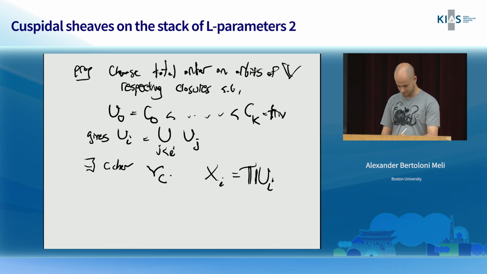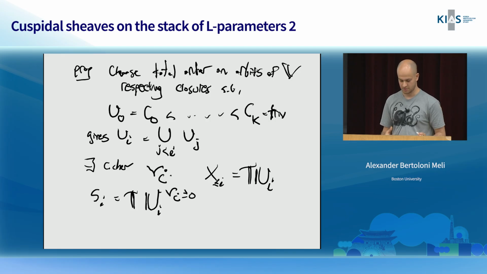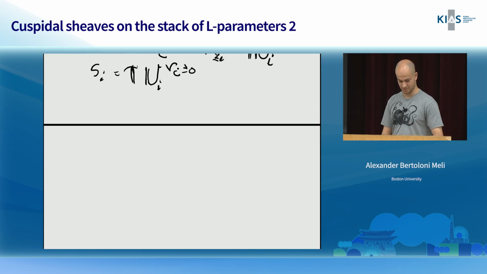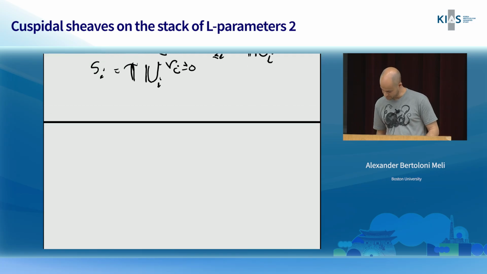Or maybe it should be less than or equal to I, and then S sub I is, let's call this nu I then, this. So what I'm saying is you can pick some total order on the orbits, and you can construct some co-characters such that you actually get a theta stratification of the cotangent stack.